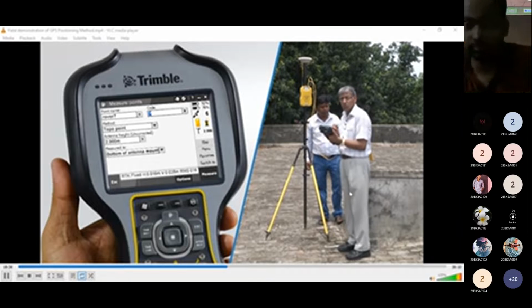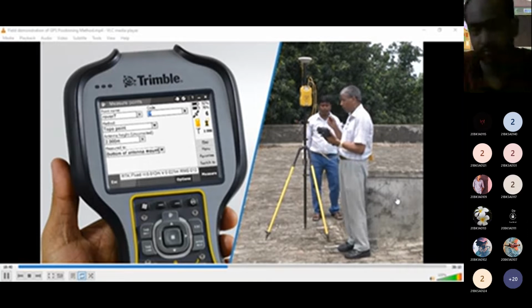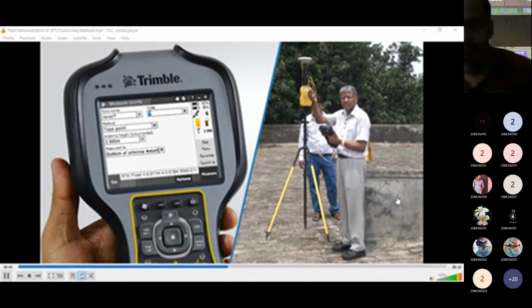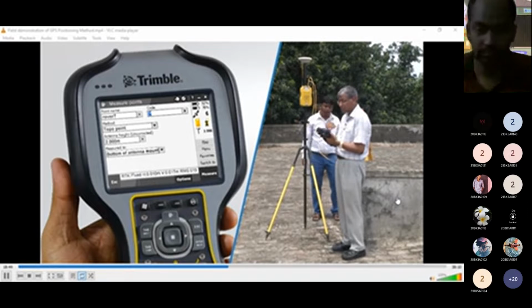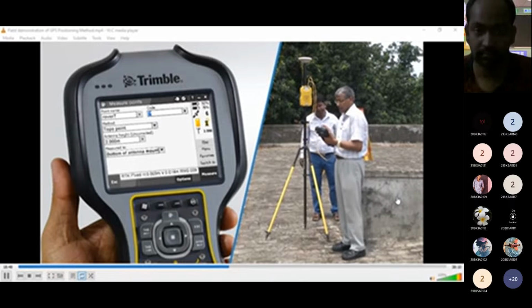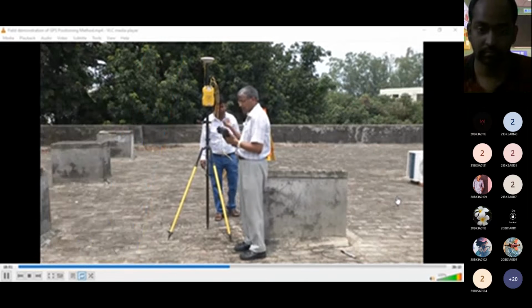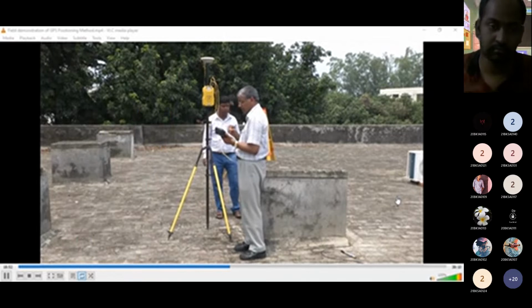So the observation has been stored in RTK mode. Now we can take this rover to some other station, and again we can do the same operation to measure the point in RTK mode. With this we can conclude the RTK survey.